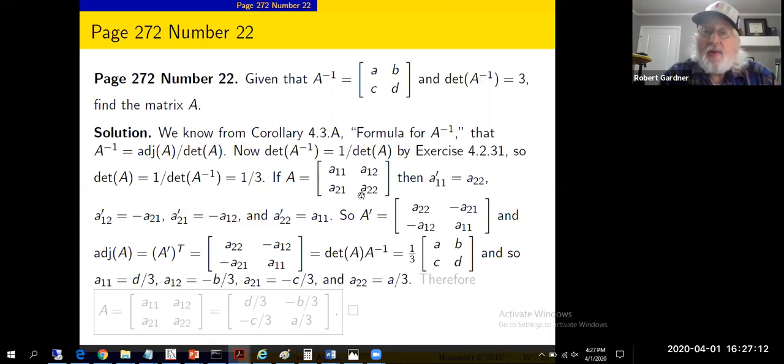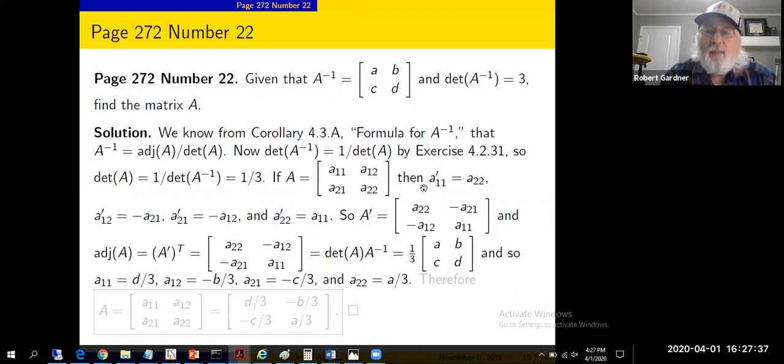And we need to find all these A11, A12, A21, A22 things. That would answer the question. Well, we got this formula involving the adjoint of A. So let's take this expression for matrix A and let's find the adjoint in terms of these double subscripted A's.